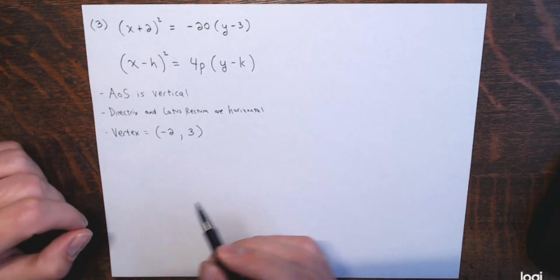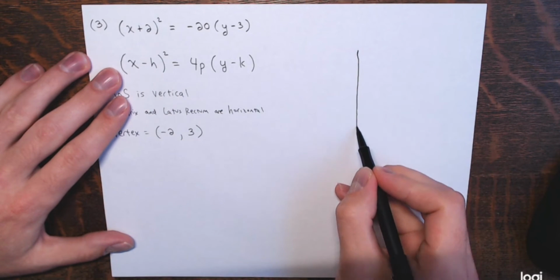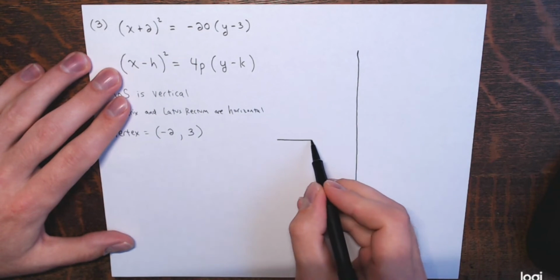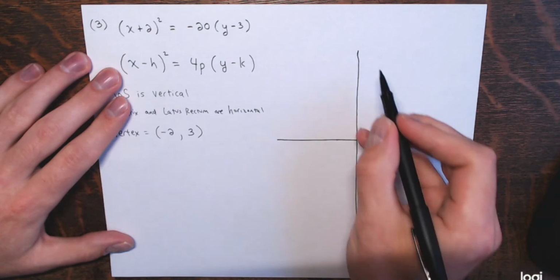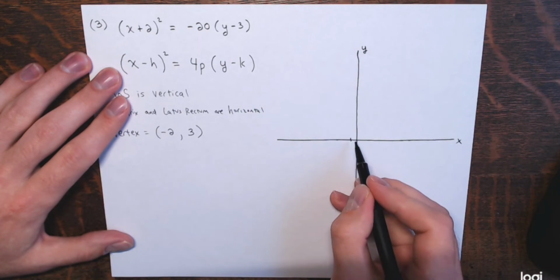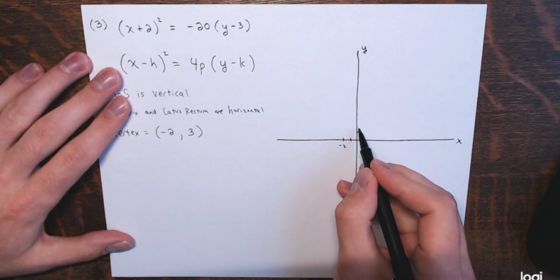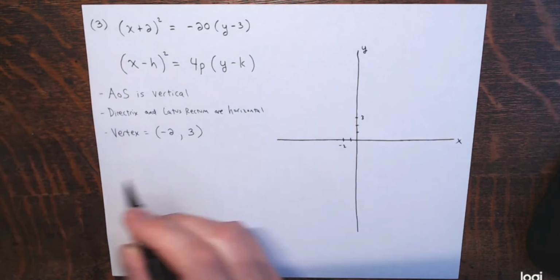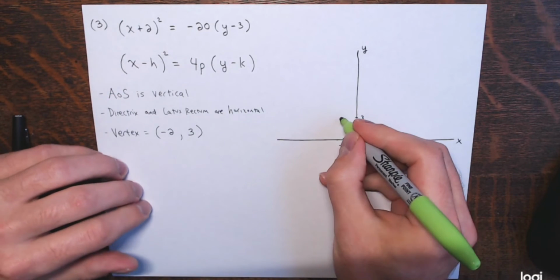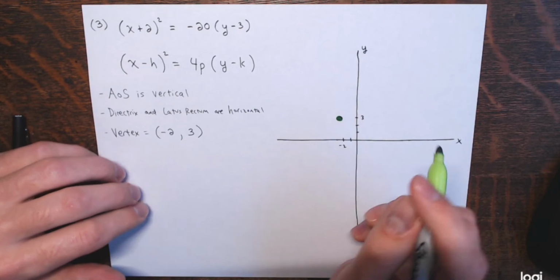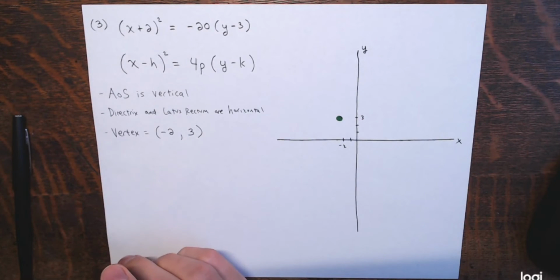Right. And I'll plot this. So -2 for x, 3 for y. This is actually a solution of the equation, right? That's the vertex. This time the axis of symmetry is vertical.